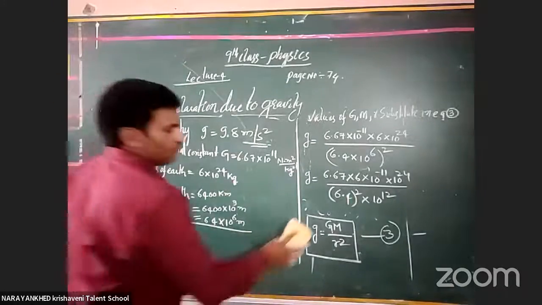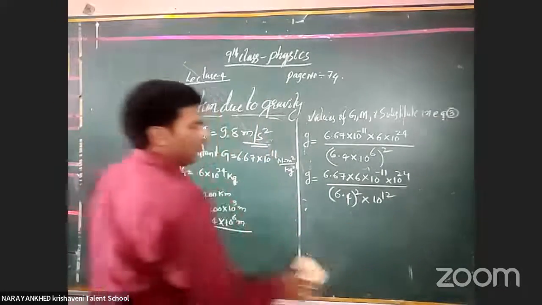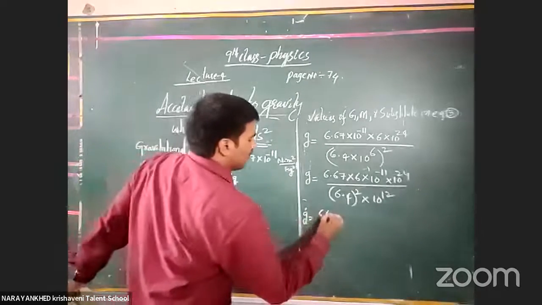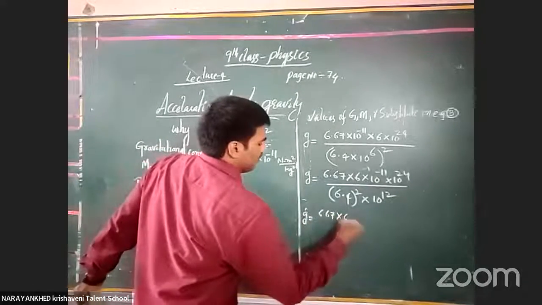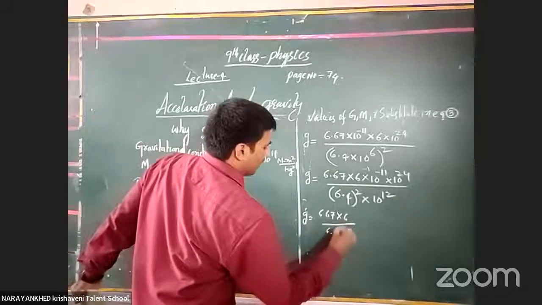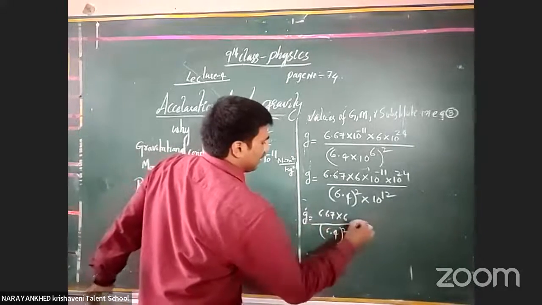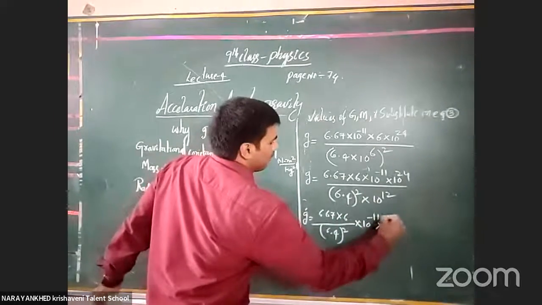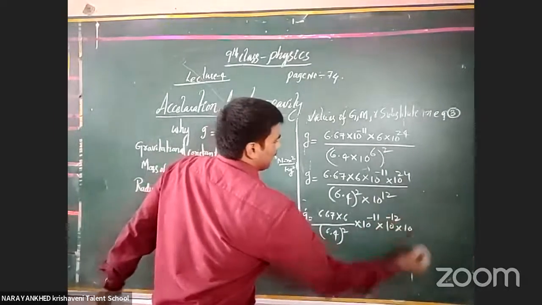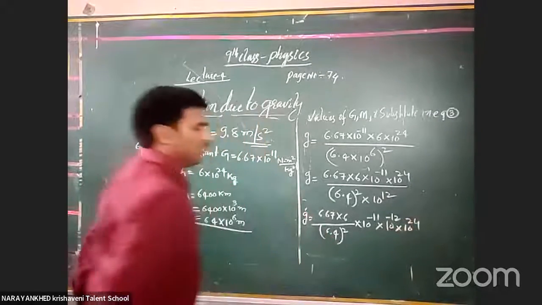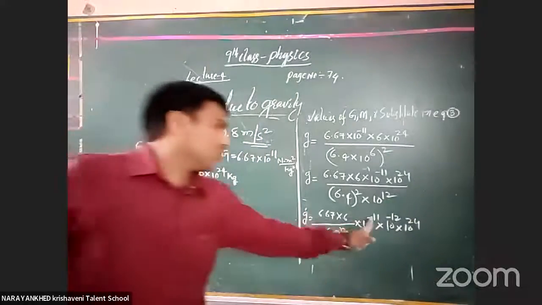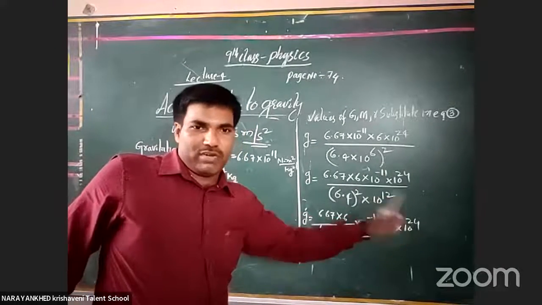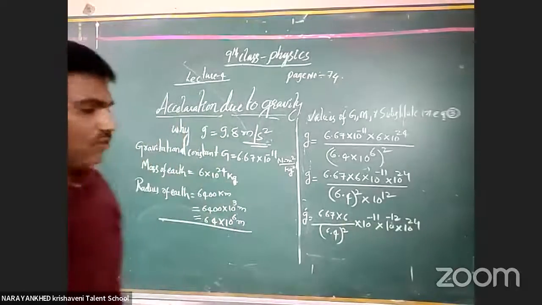Now it will become g is equal to 6.67 into 6 by 6.4 whole square, into 10 to the power of minus 11 plus 24 minus 12, which leaves 10 to the power of 1. Understood, all the students?